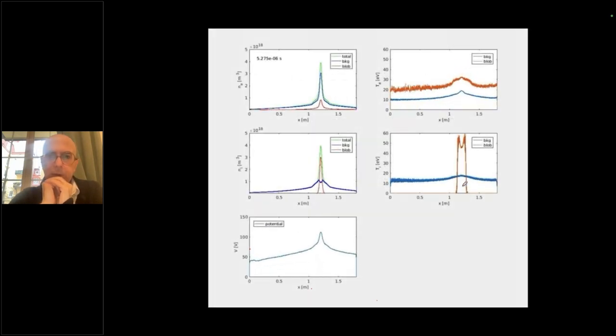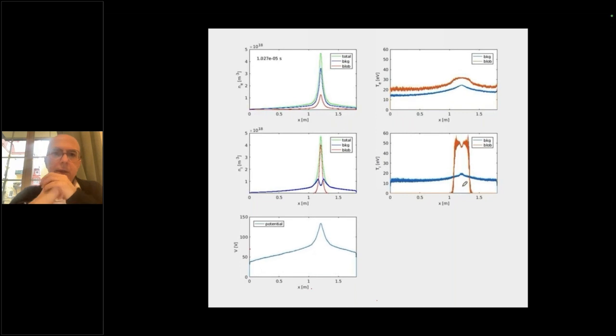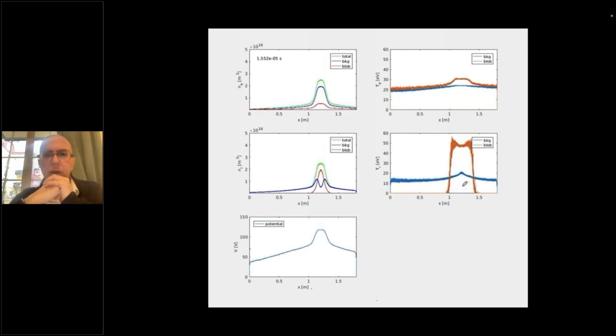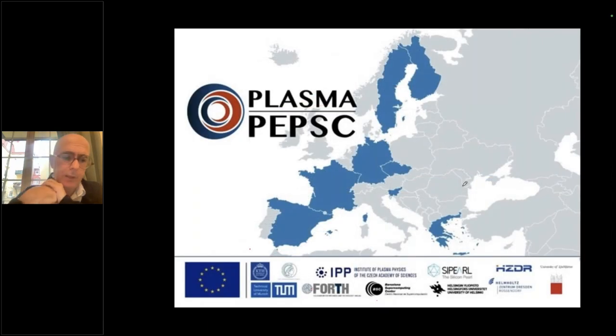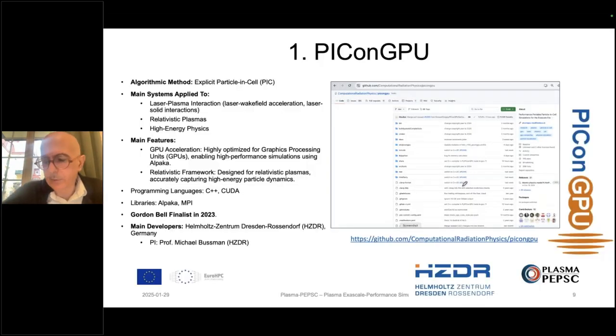Last on the list, we have BIT1, and that is a particle-in-cell code, still simulating the distribution function using computational particles, that is designed for plasma material interaction. I will now go through a brief description of the particular features of the four codes.